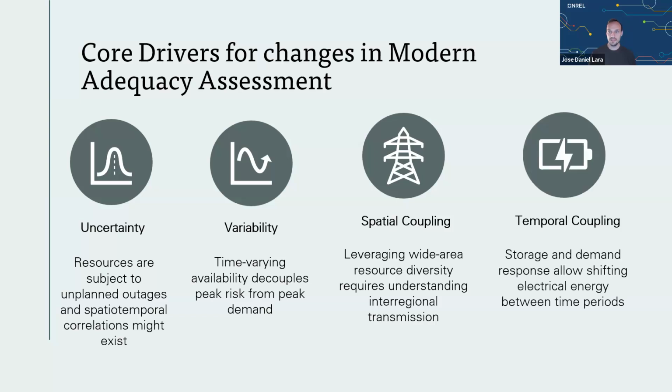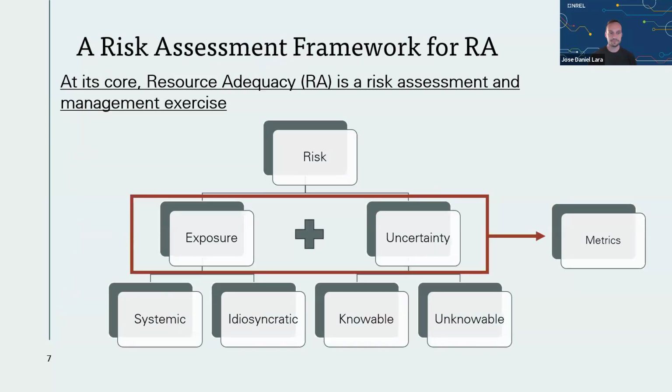And then the introduction of storage and batteries is fundamental and introduces into the resource adequacy component some temporal coupling. How much actual capacity a battery can provide at any given time is fundamentally dependent on its state of charge. And we need to take into account all of these details. We go to the next slide.